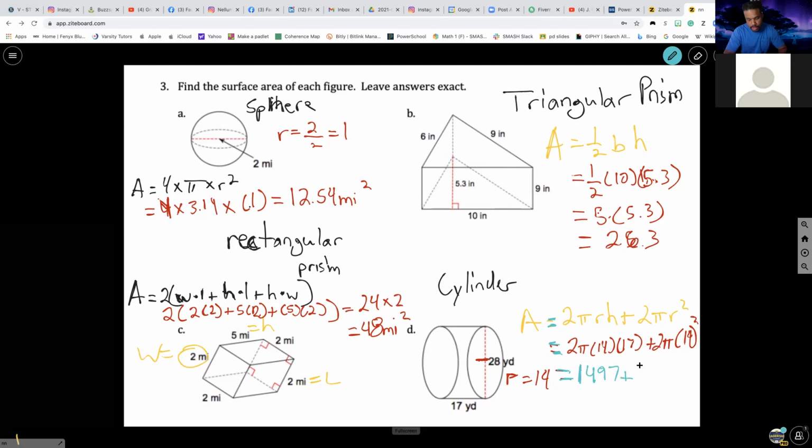And then you do the same thing, but you do it by 14 squared. So you should get 12, 13. So it's 27 yards squared.